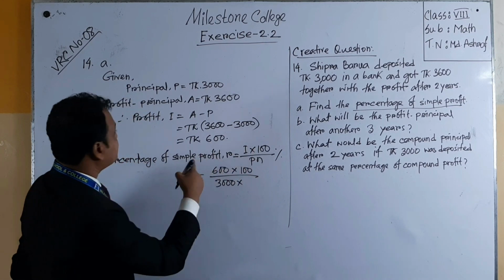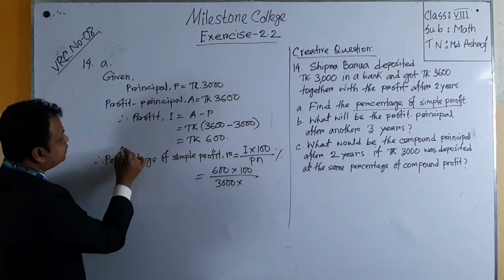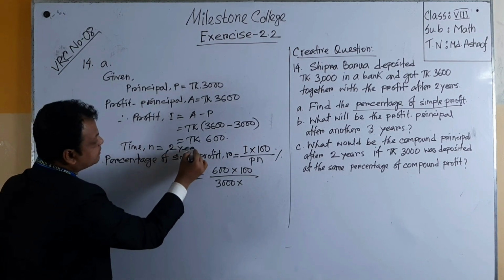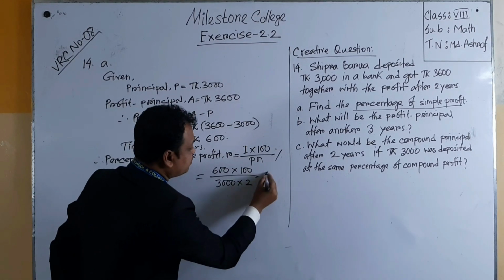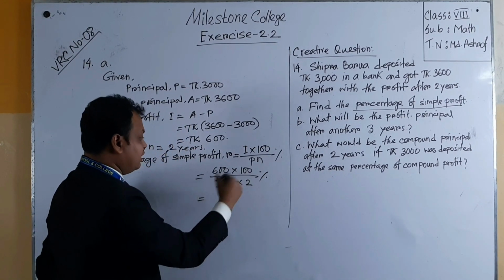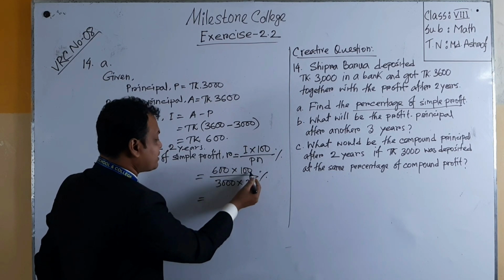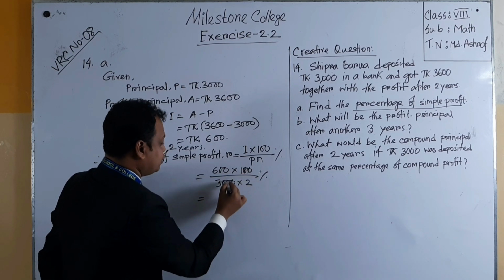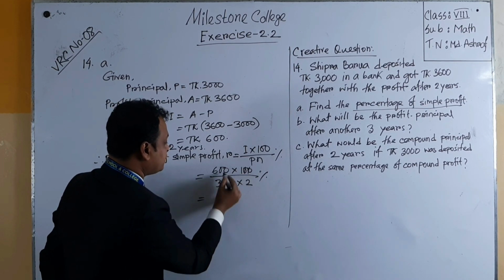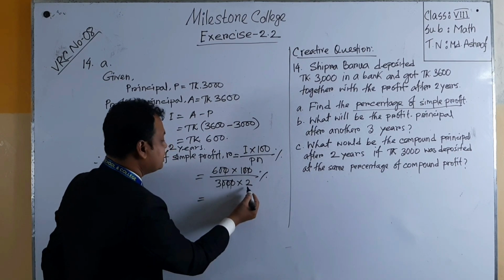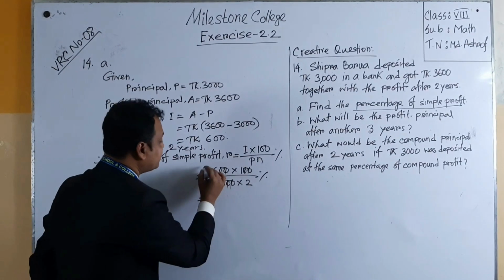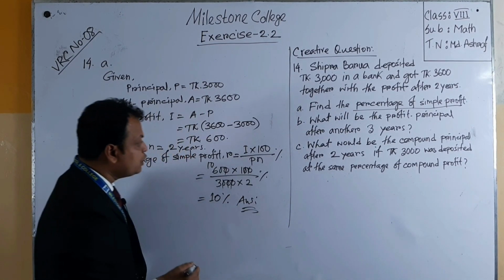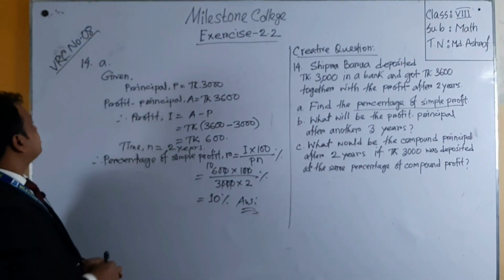What is n? It is given n equals to 2 years. Time n equals to 2 years. Then calculate this one. We can divide 3000 by 100, then we will get 30, and 2 times 30 is 60. So 600 divided by 60, what will we get? 10. So we will write 10%. So this is the answer. This is the solution of 14A.